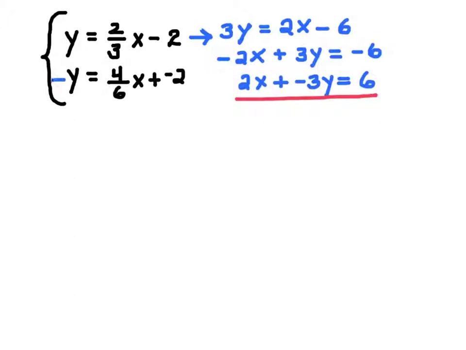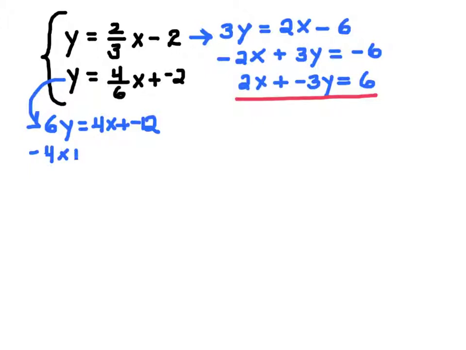All right, let's turn our next equation into standard form by multiplying first everything by 6 to get rid of the fraction. We end up with 6y is equal to 4x plus negative 2 times 6 is a negative 12. Now, we want to bring the 4x to the left by adding a negative 4x to both sides.